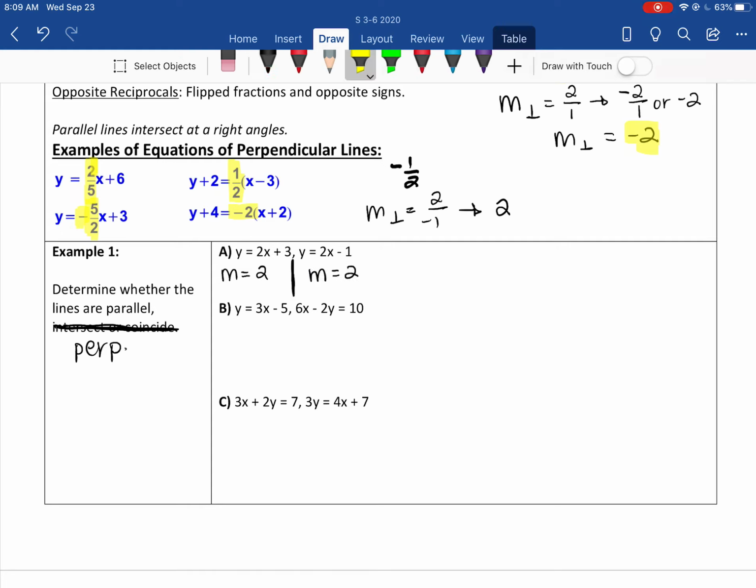My slope of this line is 2, and the slope of this line is 2. Again, this is in y = mx + b form. The m, the number in front of the x, is the slope. So because they have the same slope, they are parallel.